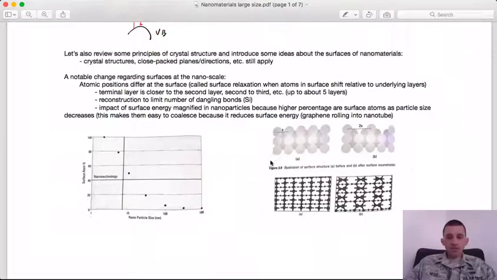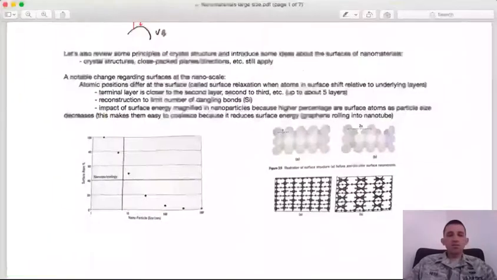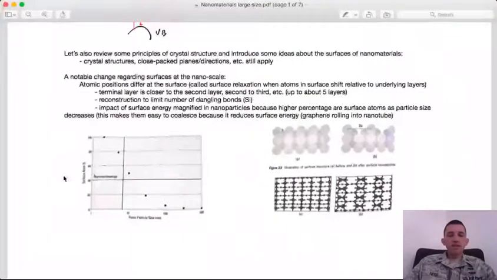Here's a diagram where you've got the bulk crystalline structure in a top-down view, and then you get this reconstruction where you have minimized the number of dangling bonds. This happens at the micro scale too; there's going to be a surface layer whatever the size of the particle is. The big thing that comes into play with nanomaterials is that your surface area to volume ratio continues to increase as your particle gets smaller.